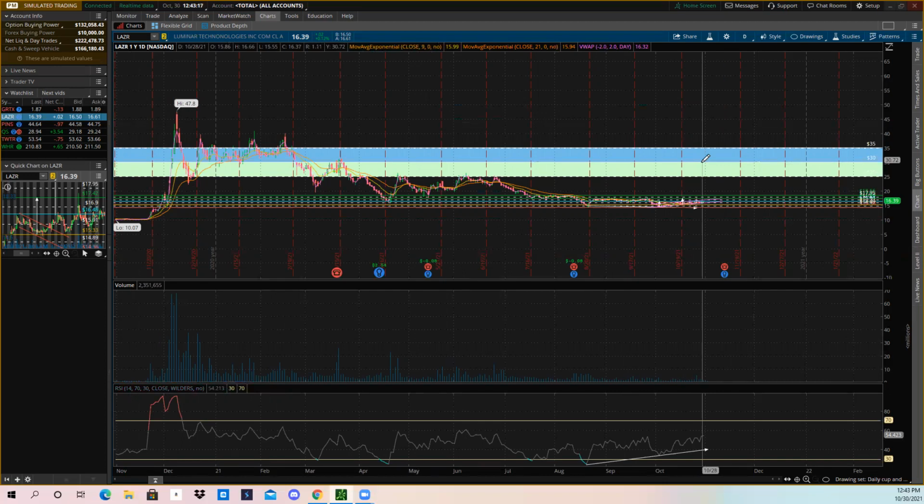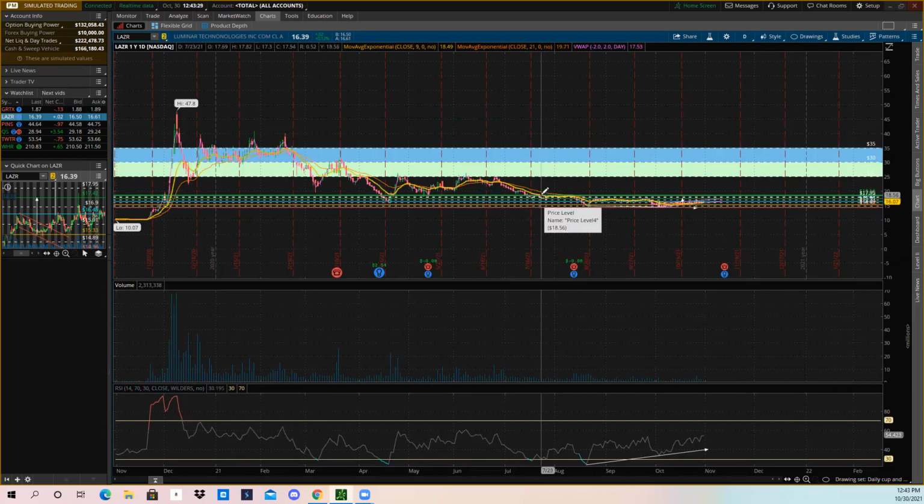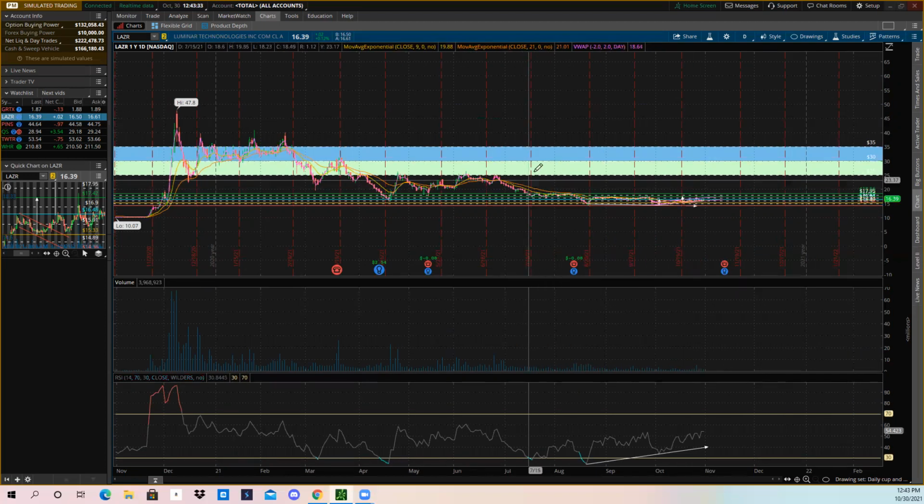I have the 25 to 30 range and the 30 to 35 range. Basically, once we get past this bullish price target, we're going to be in a new trading range, this middle trading range. So we can play a spread on this, on this, and on this.